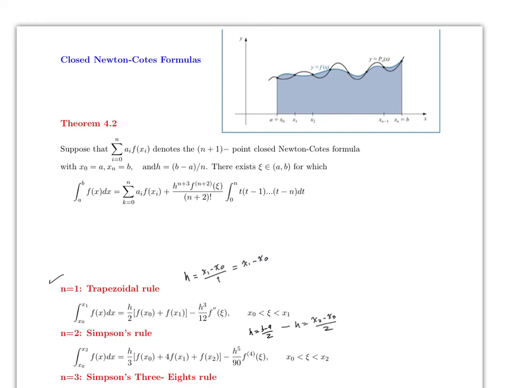The next formula is Simpson's 3/8 rule, and it's called 3/8 because of the 3/8 in here, but notice that here the value for n is 3, so therefore here the value for h is going to be x3 minus x0 divided by 3.